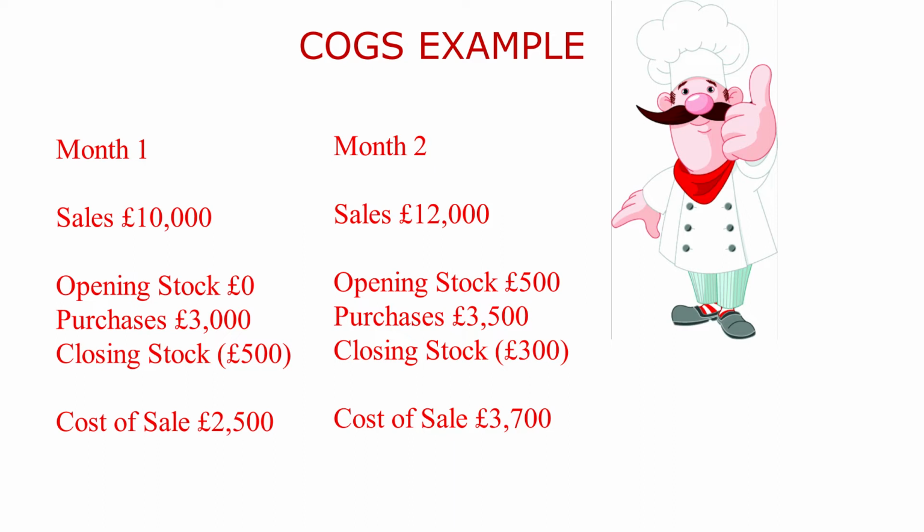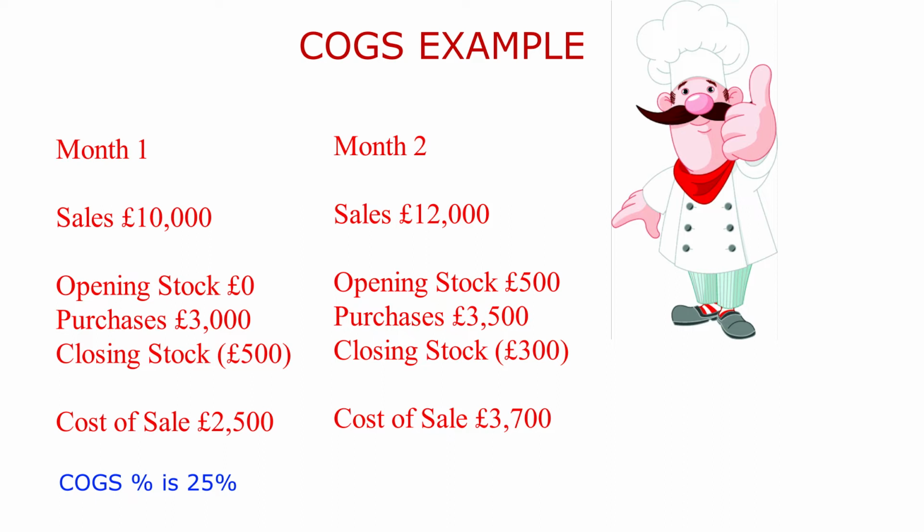Now at this point, what I would recommend you to do is take your cost of sales figure. Okay, so let's go back to month 1, your cost of sale figure being 2,500. I would take your cost of sale figure and divide it by your sales figure, and multiply it by 100 to get to a percentage. So if we take 2,500 and divide it by £10,000, we arrive at a percentage of 25%. What does this mean?